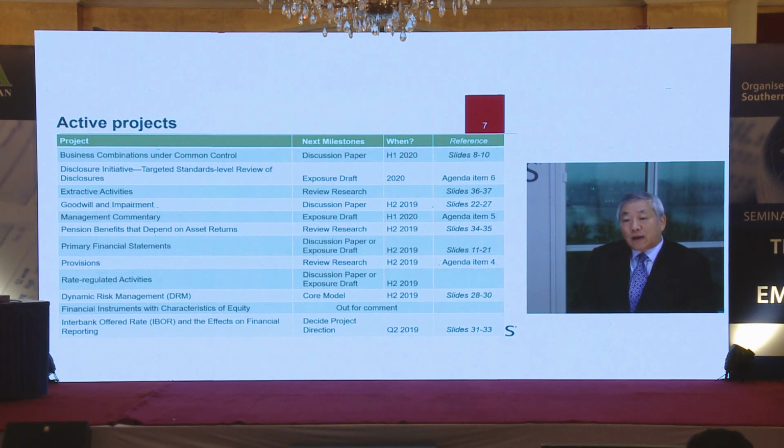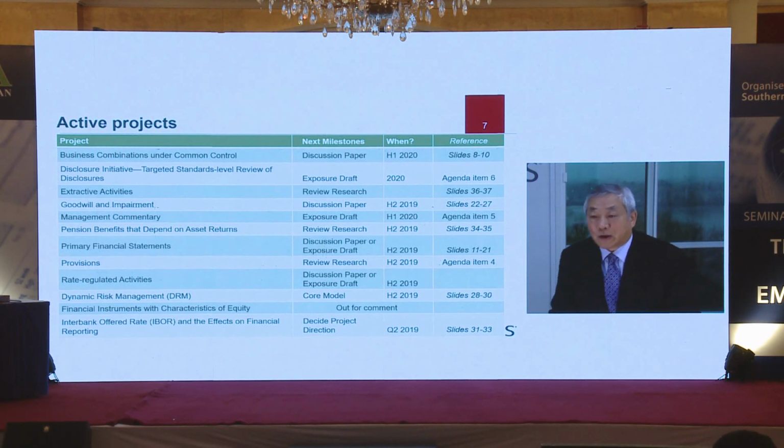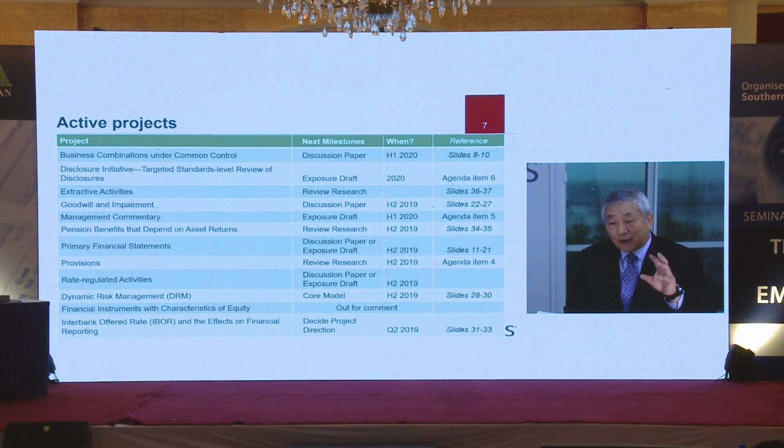Basically, there are almost about 10 active projects. They are very important. In the beginning, business combinations under common control, and disclosure initiative, where we are targeting some standards and focusing on their disclosures, whether we could get some ideas how to improve disclosure. That will be the second active project.